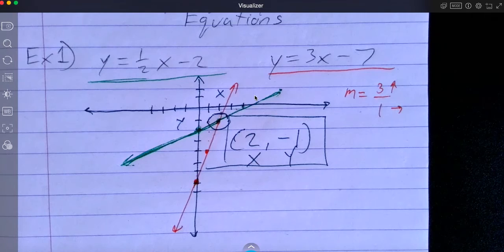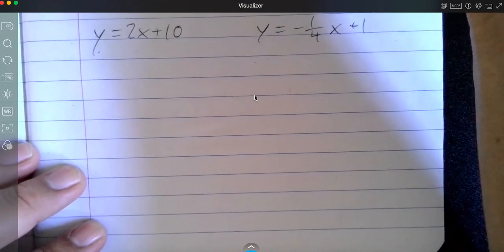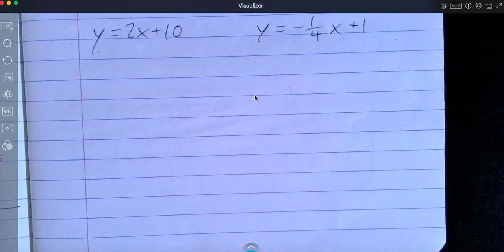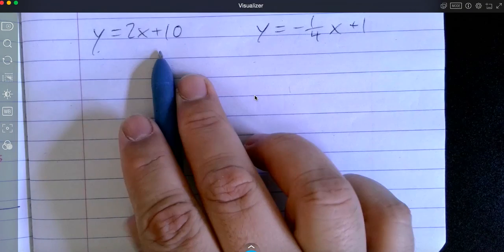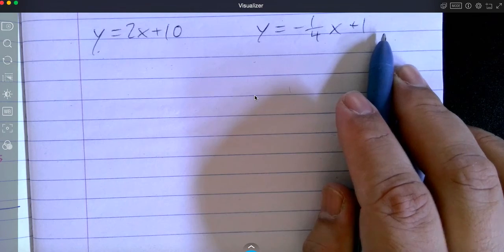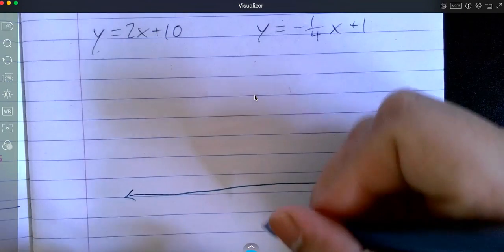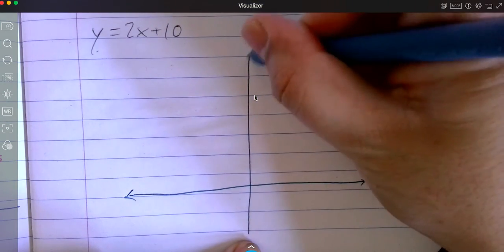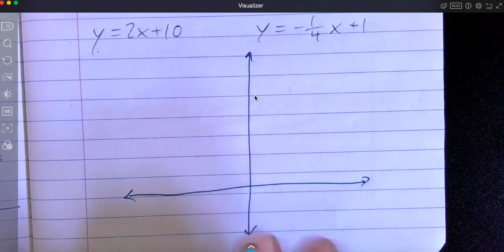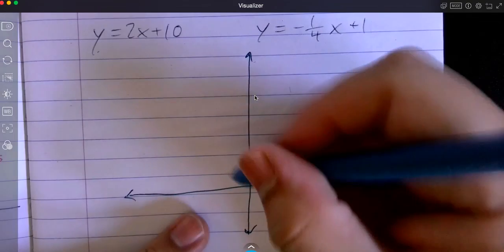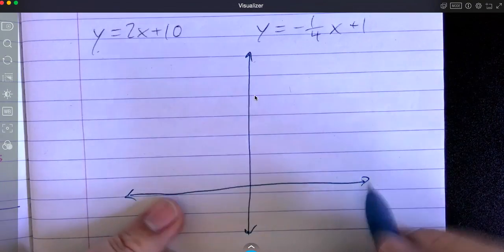All right, let's do another example right here, okay? Make another graph. Now, these I notice are on the positive side, so I'm gonna make my graphs more on the positive side. So you're free to kind of not necessarily make them all the same, okay? And already I don't like the way I did this, but too bad.